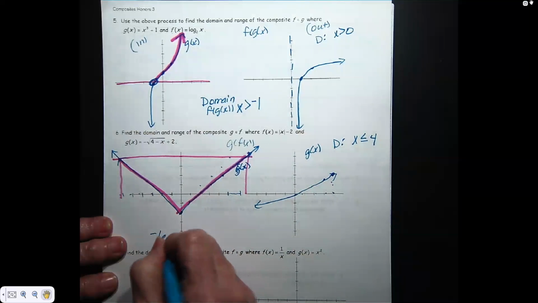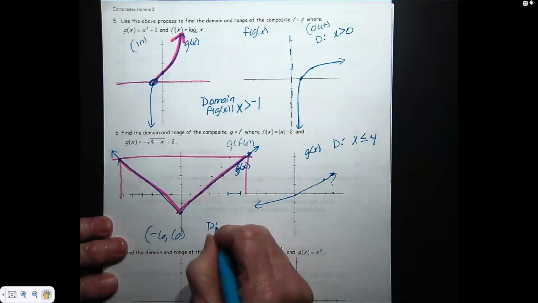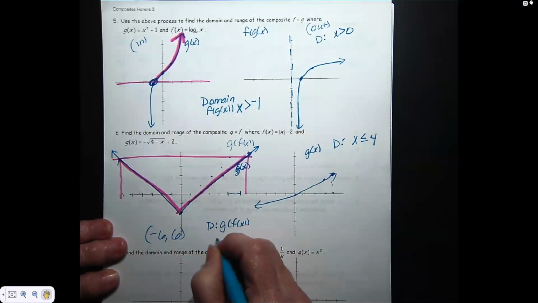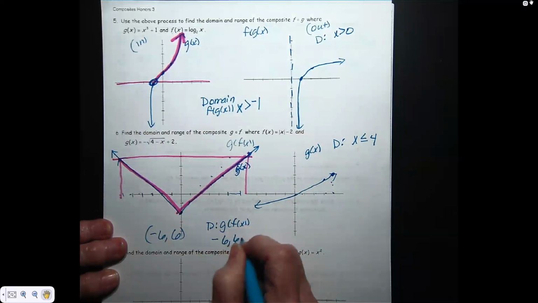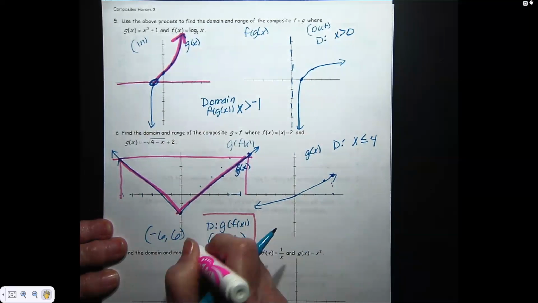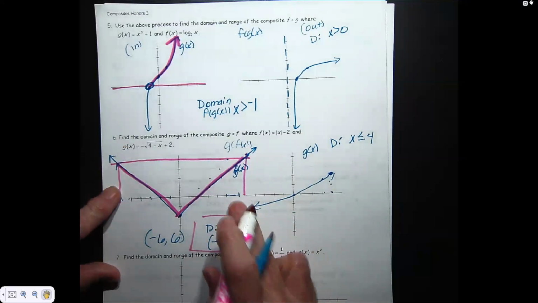So from -6 to +6. So the domain of g of f of x is going to be from -6 to +6. Draw in the y's and put it with my x's.